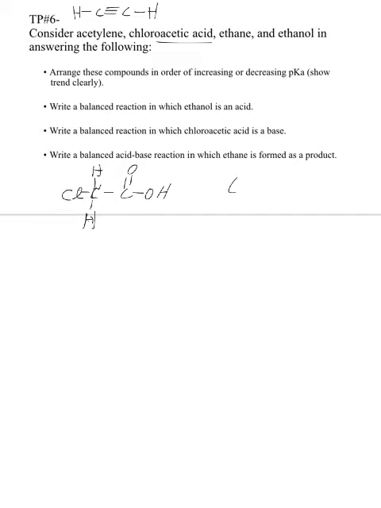Ethane. Well, ethane is CH3CH3, and ethanol is CH3CH2OH. Now, I like to think about the pKa's, because it's talking about arranging these compounds in the order of increasing or decreasing pKa.